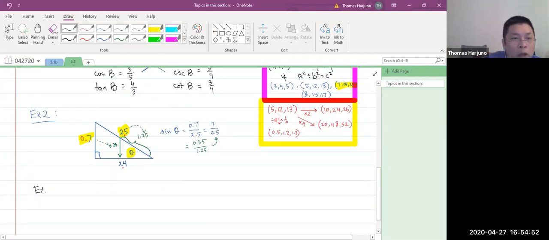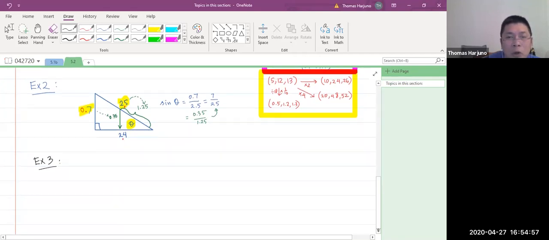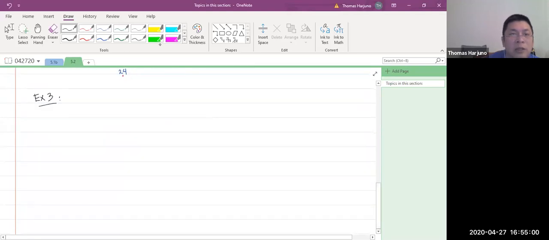In fact, I would like you to do this one. The following is not a Pythagorean triplet, even though it seems like it is, but no, it's not.